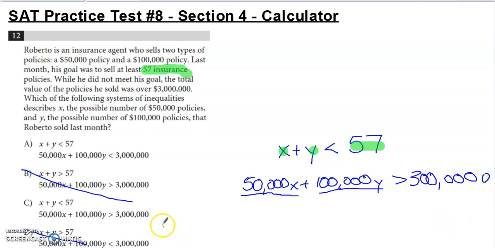Sorry about that. 50,000x plus 100,000y has to be above 3 million. Look at option A. Option A says that the total value of the policies he sold is below 3 million. That wasn't the case. Option C shows the greater than symbol right there, so the total value of the policies he sold being above $3 million, and that is what we had happen.